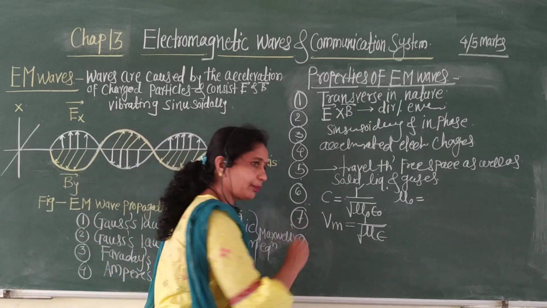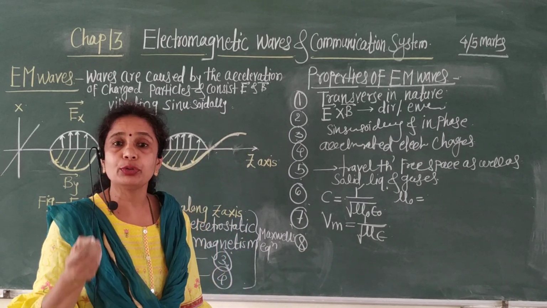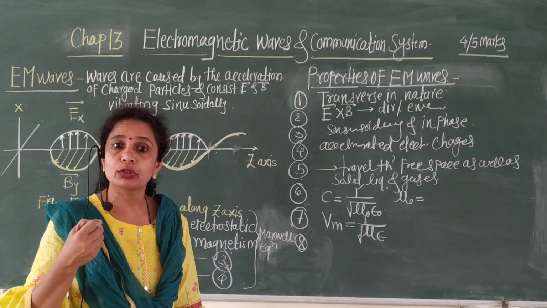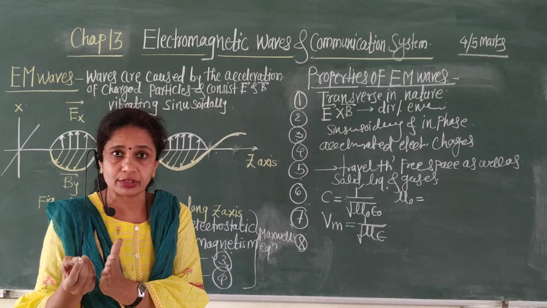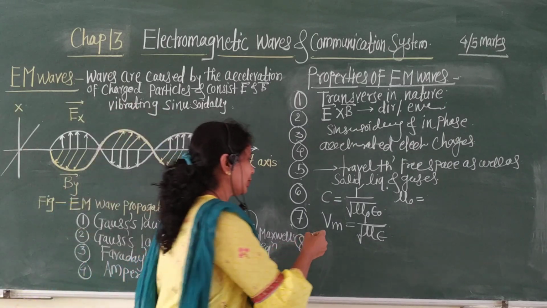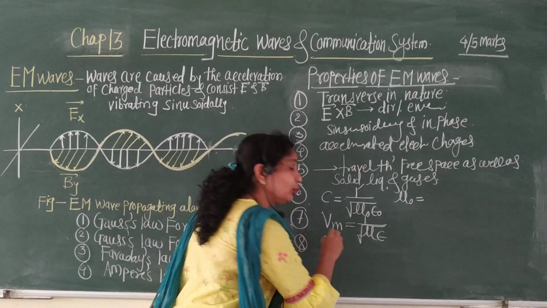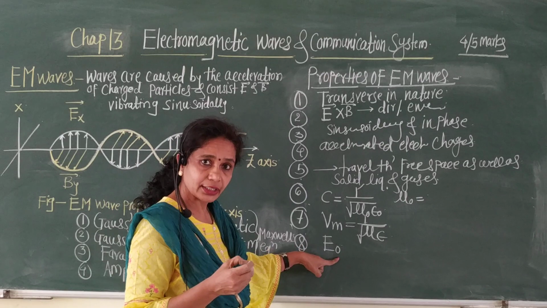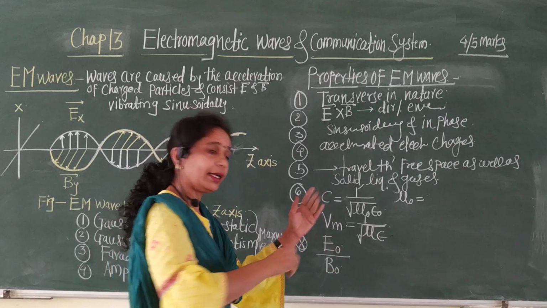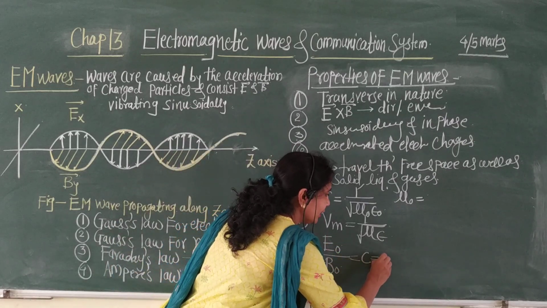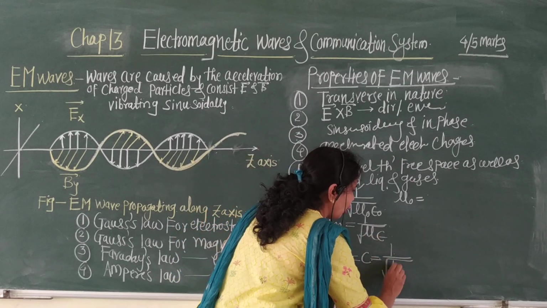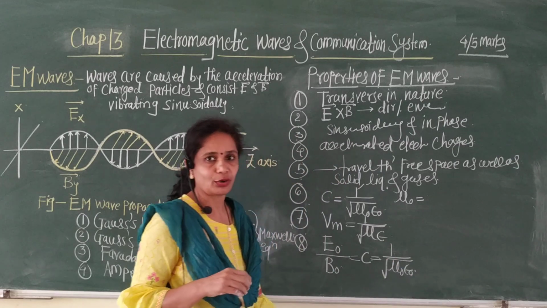Then 8th property. The ratio of amplitude of electric field to the magnetic field is constant and it is equal to the velocity of light. Therefore, the ratio of amplitude of electric field E naught to magnetic field B naught is equal to c, which is equal to 1 upon under root of mu naught epsilon naught.